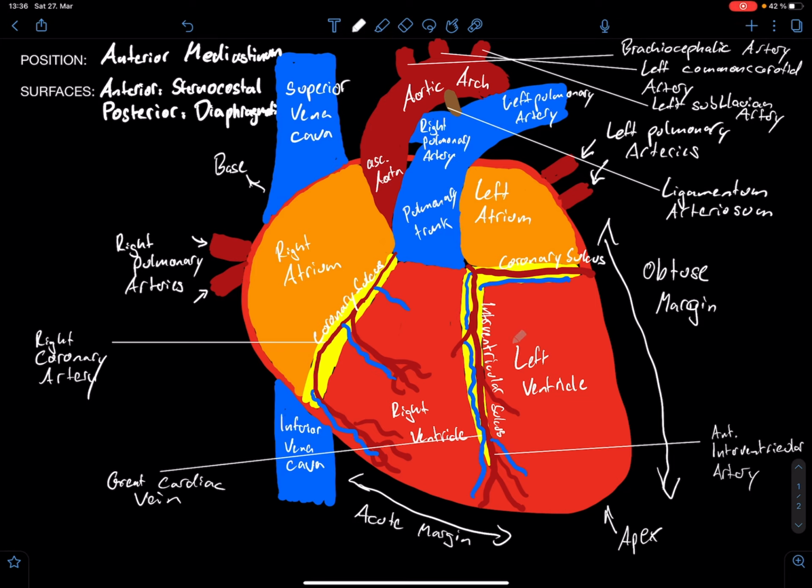It has several branches, but just to name the biggest branch of it, this would be the so-called marginal artery. This one running down here, the red structure. Running alongside the marginal artery is the small cardiac vein, this blue structure over here.